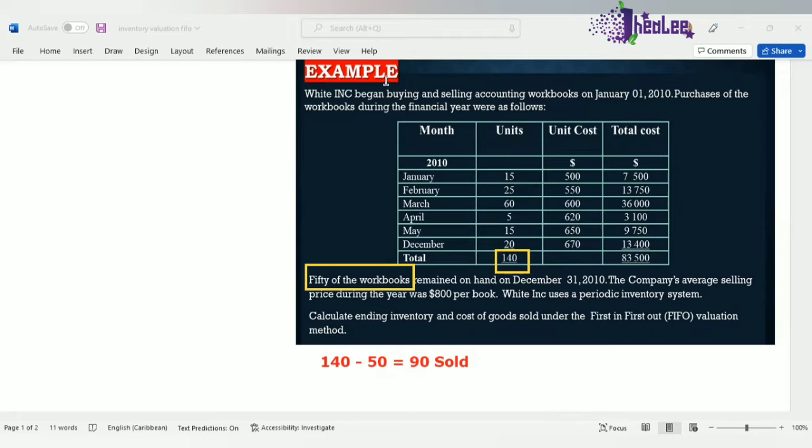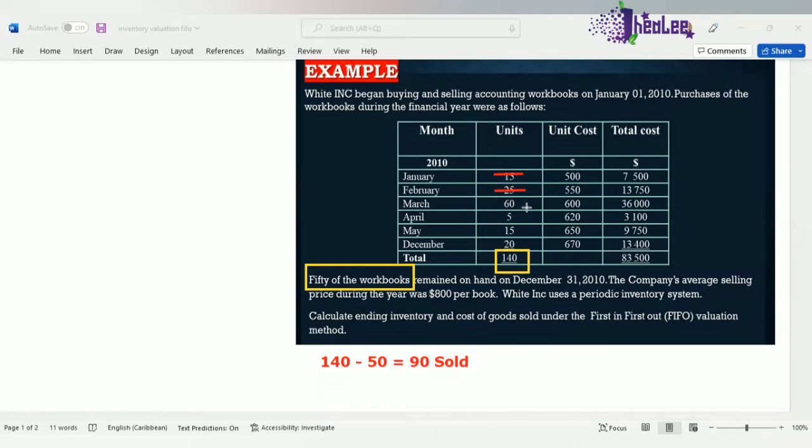Okay, now we are talking about the first in, first out method. If the business sold 90 units and we are using the first in, first out method, which units would be sold first? First in, first out. So it means that they would have sold the 15. They would have also sold the 25, and we're using this order because this is how they came into the business. So we would sell the January set first. We still need more, go down into the February set, and that gives us a total so far of 40 units.